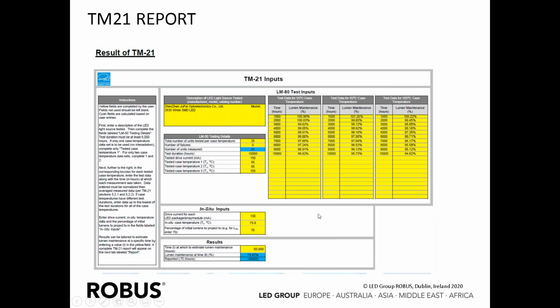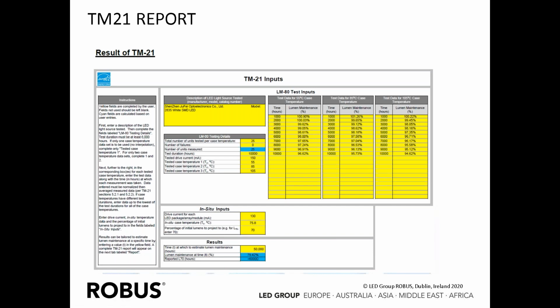Then we need to actually put some physical data into the TM21 report. We also need to put the actual current for each LED package or array that's being tested. So in the test LM-80, it was 150 milliamps.